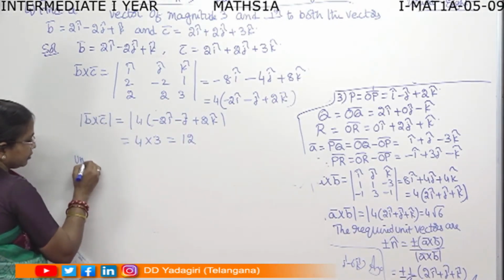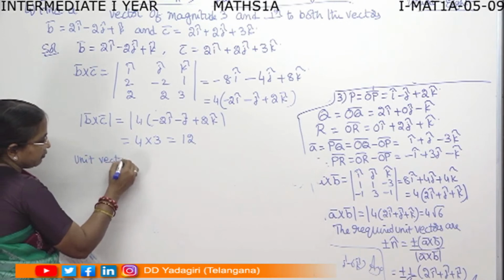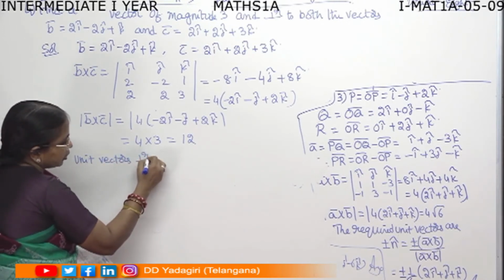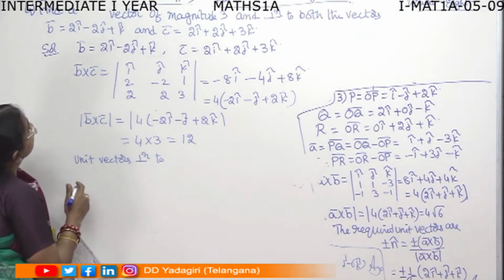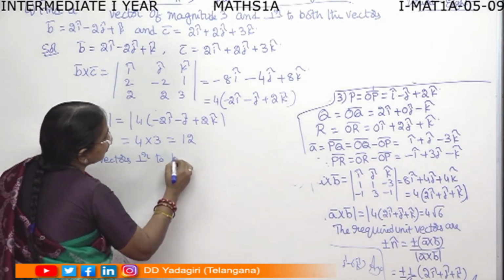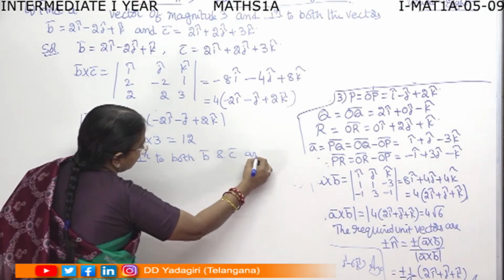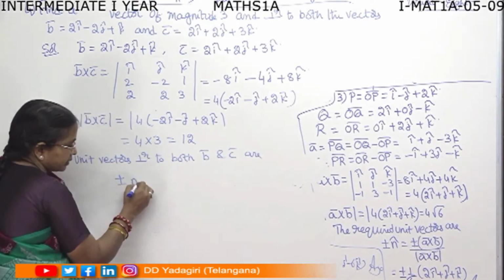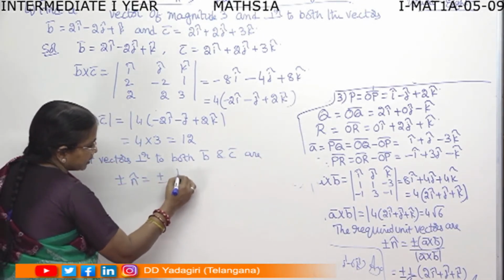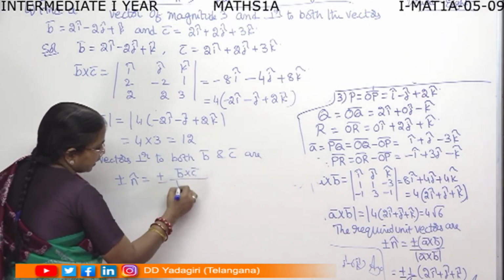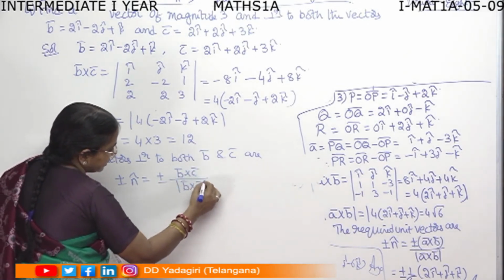So you will write, the unit vectors perpendicular to both b and c are plus or minus n cap, which is equal to plus or minus b cross c by mod of b cross c.